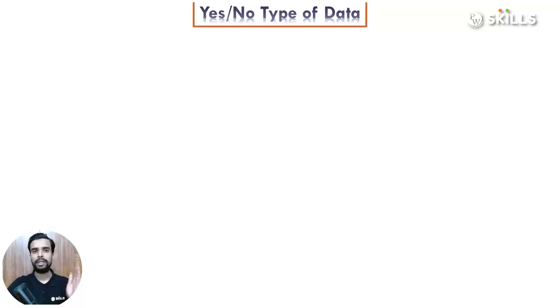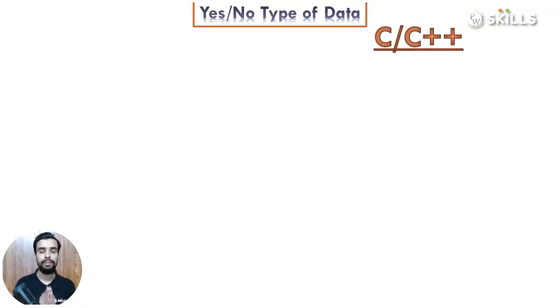Now, before I speak about the Boolean data type of Java, let us see how this yes or no type of data is handled in C and C++ programming languages. Please remember this, in these two programming languages, the Boolean data type name has been shortened to just bool.